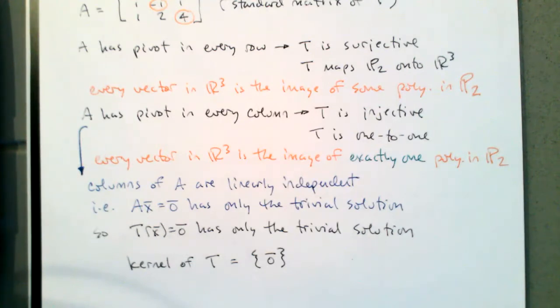So there are a lot of equivalent things running around when we say that A has a pivot in every column. It would be inappropriate to say something like T is injective because the columns of A are linearly independent, because I still get to ask, how do you know that the columns of A are linearly independent? You wouldn't want to say that the kernel of T is equal to 0 because Ax equals 0 has only the trivial solution, because I get to ask, how do you know that?